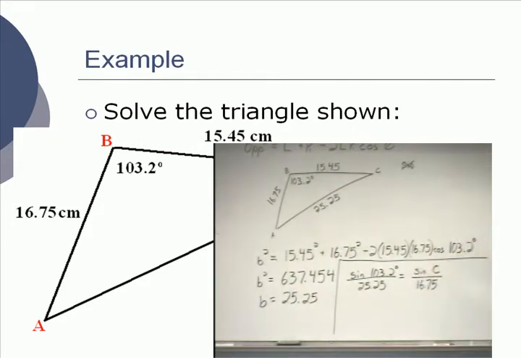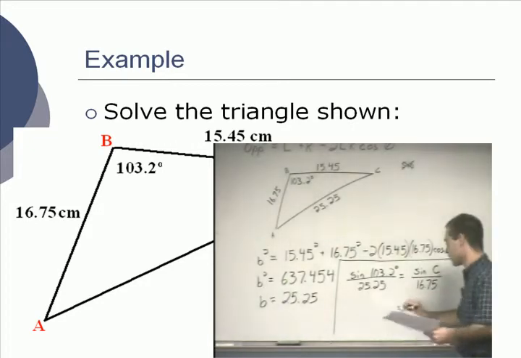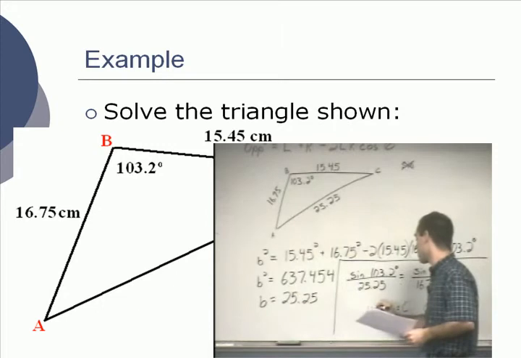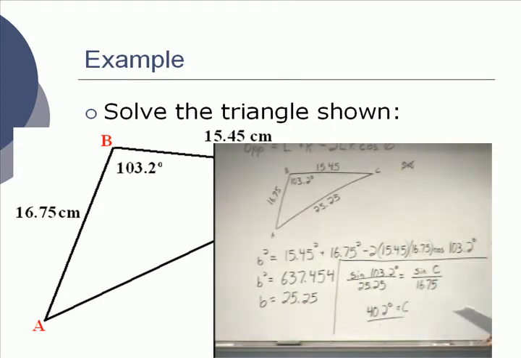We've done that quite a bit now. I'm just going to tell you, though suddenly I feel like I should be double checked here. C should turn out to be about 40.2 degrees. Good. 40.2 degrees for C, just using the same rule that we've done and that you're becoming experienced with.